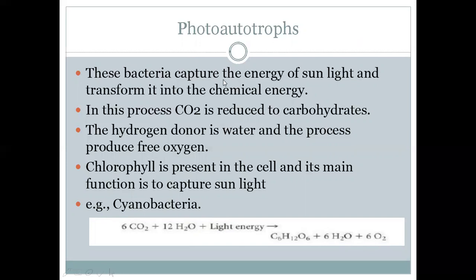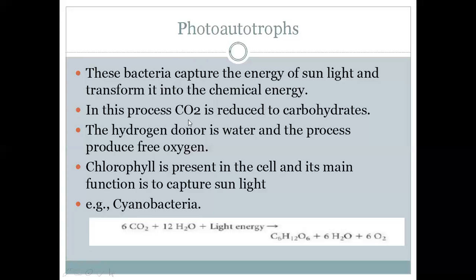So these bacteria capture the energy of sunlight and transform it into chemical energy. In photosynthesis, the organism takes up sunlight and carbon dioxide from the air and synthesizes metabolic energy. Here also they are utilizing sunlight and transforming it into chemical energy.